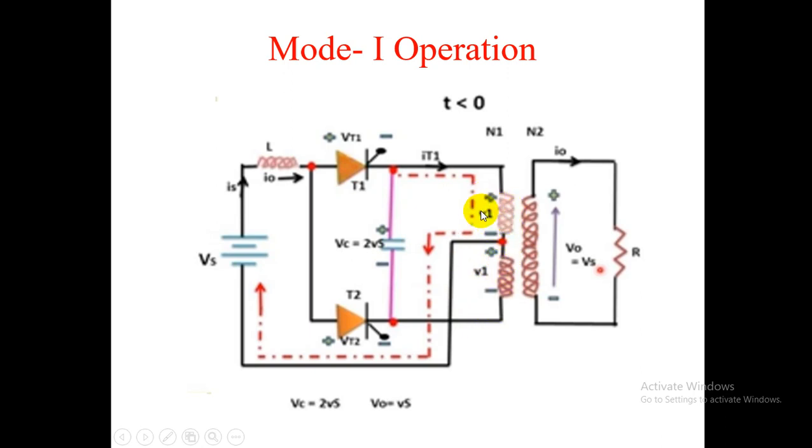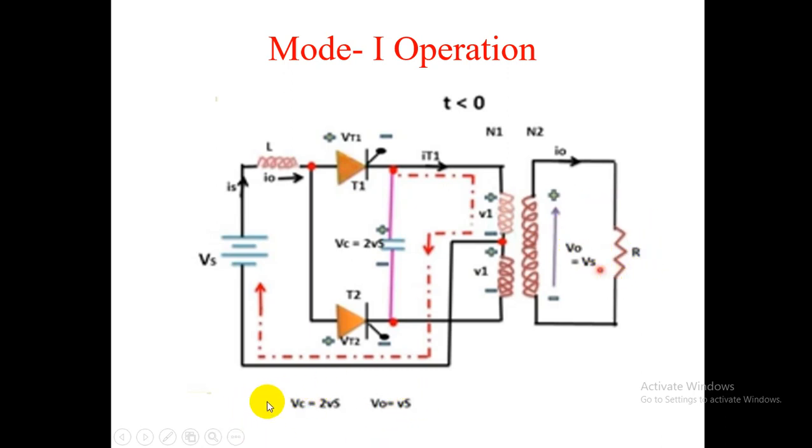This is V1 which is equal to Vs, and this is another V1 which is equal to Vs. Adding together, we get 2Vs. This much is available across the capacitor in mode 1 operation, and the secondary winding of the transformer gets a voltage the same as the V1 value. Only V1, equal to Vs, is available across the load terminals.